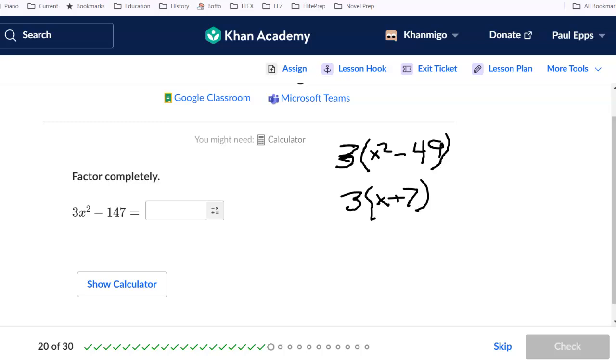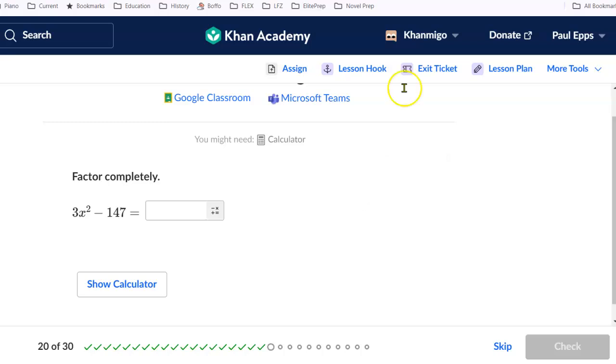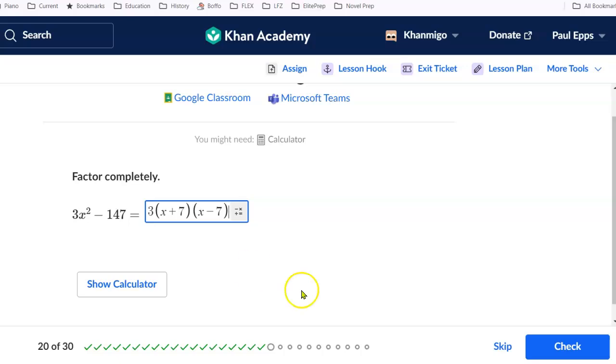You already know what this is. Let's get rid of the drawing, put that in. So it's 3 times x plus 7 times x minus 7, or 3(x plus 7)(x minus 7).